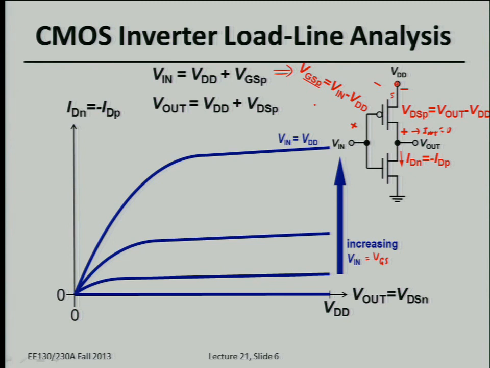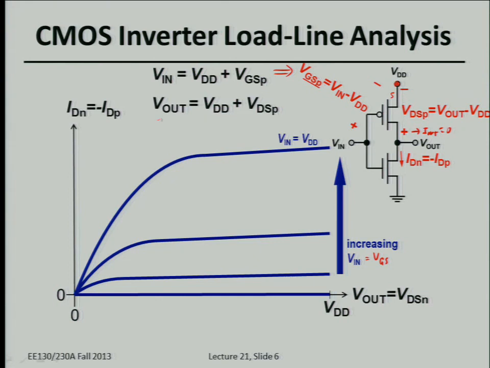How about the output voltage here? Again, we start with VDD. Now we add this voltage drop here, and then we get Vout. So Vout is just equal to VDD plus the drain to source voltage drop for the PMOS device.